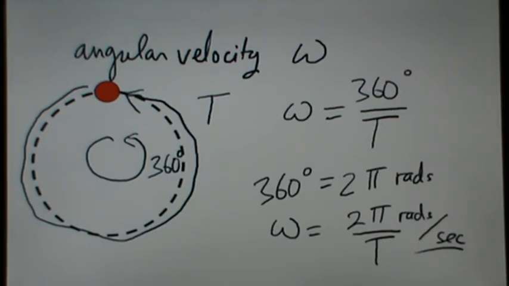Or we know that the frequency is 1/period, therefore the angular velocity omega is also equal to 2 pi times the frequency.